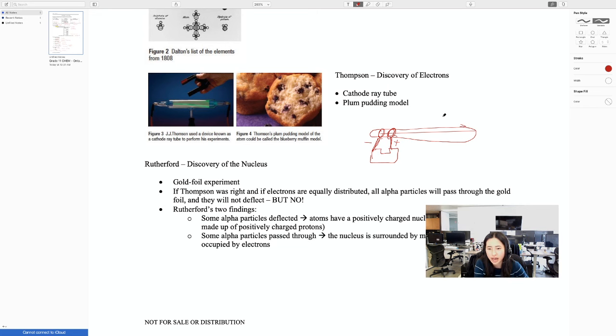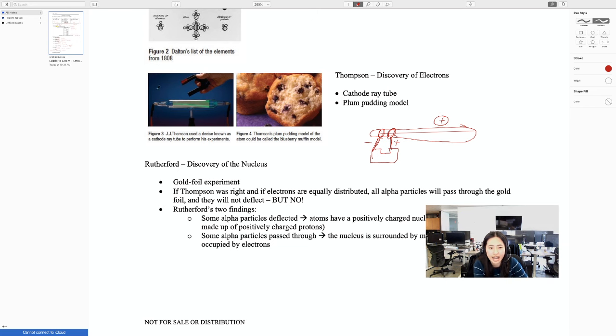Well, when he applied electricity, with a plus charge here, the negatively charged beam is attracted towards the positively charged plate. That's why it doesn't go in a straight line. It actually goes towards the positively charged source right here.